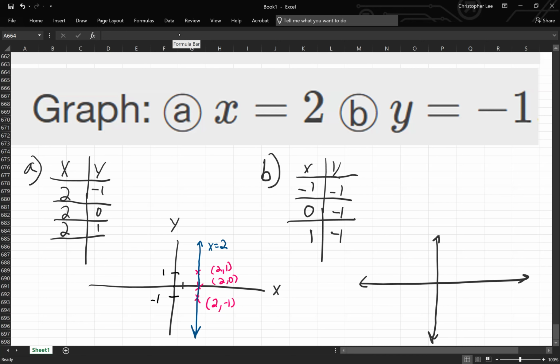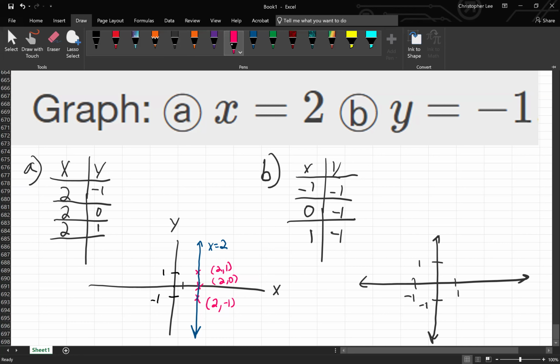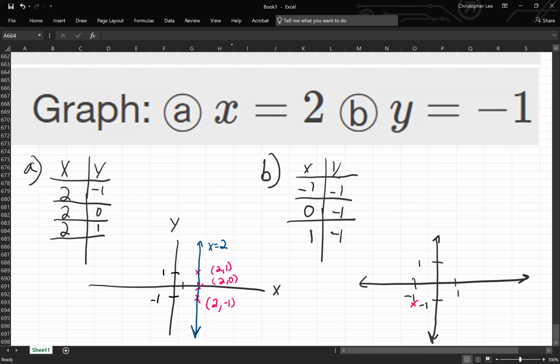All I need is 1, -1, -1, +1, etc. So y equals -1, right? All I have to do is plot these points. So I have -1, comma, -1. That's right here.